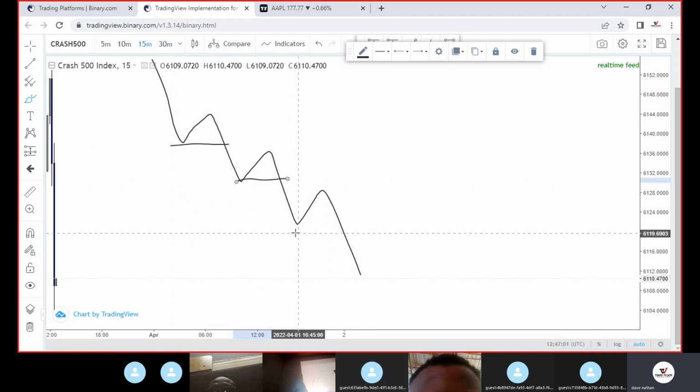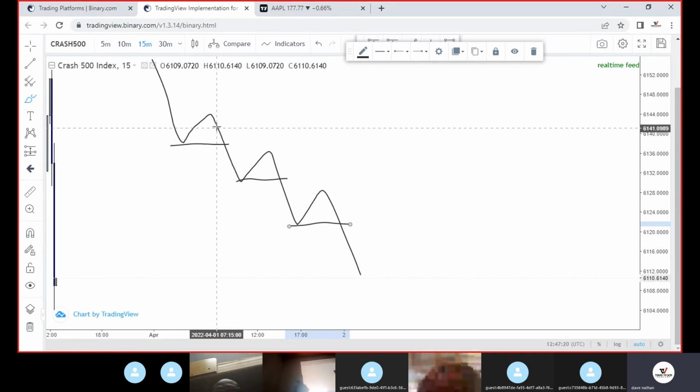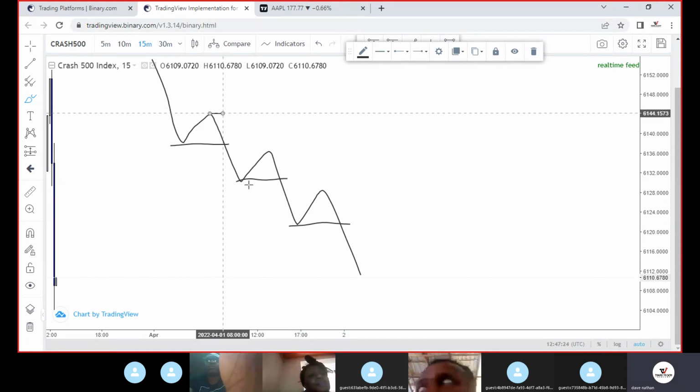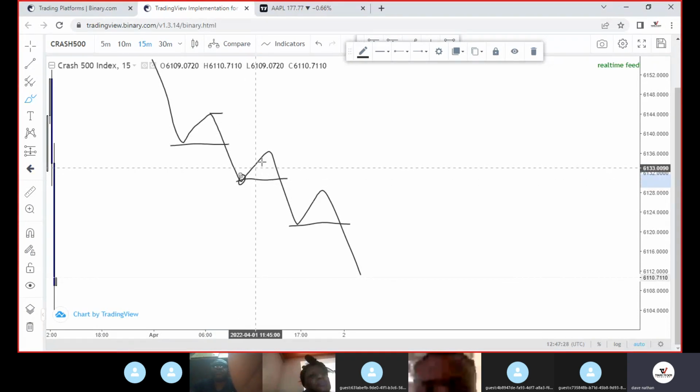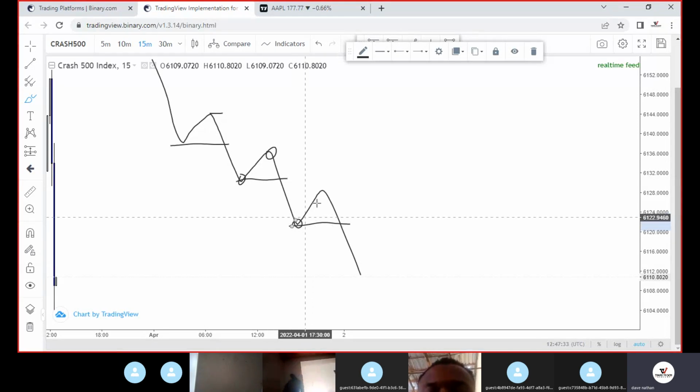When you have identified those areas of support that were clearly broken, where did the break of structure emanate from? Where did this support that was broken start off from? It started off from this impulsive move here. And then this support that was broken, it started off from this impulsive move here.